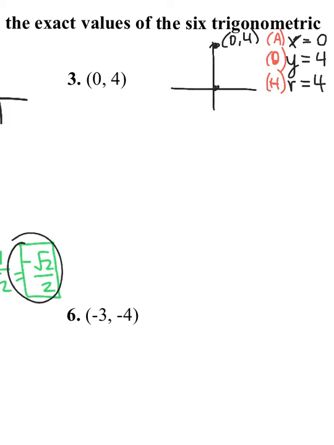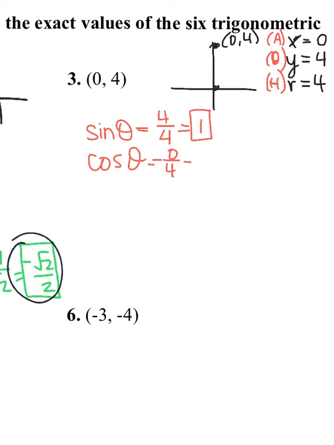So sine would be opposite over hypotenuse, so 4 over 4, which is 1. Cosine would be adjacent over hypotenuse, which is 0. And then tangent would be opposite over adjacent, which is undefined.